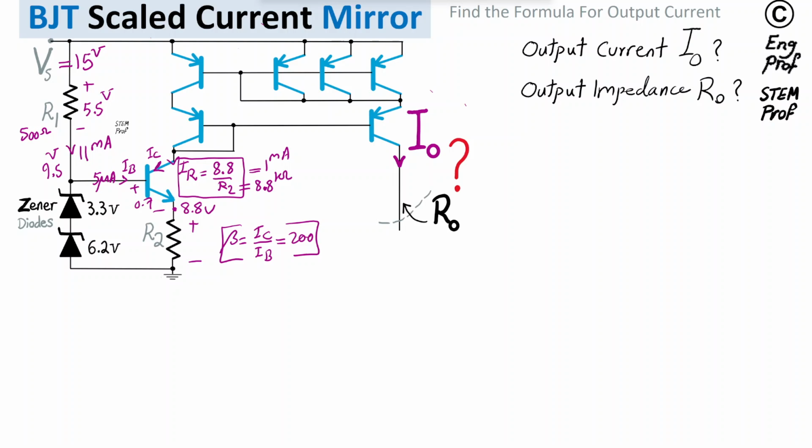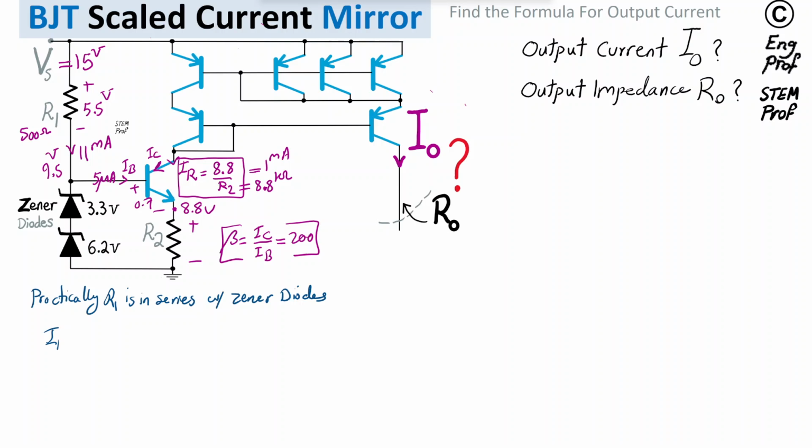So that's why we can say practically, I'm going to write it here, the R1 is in series with Zener diodes, and therefore we can just simply do exactly what I did.